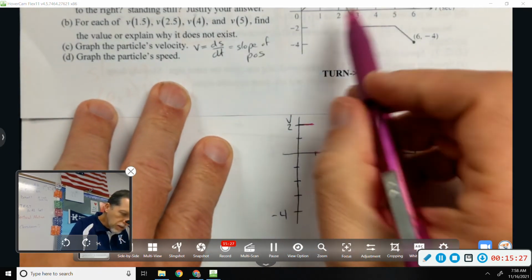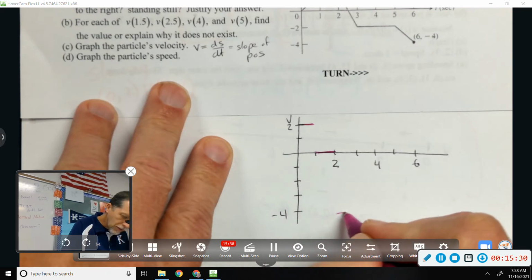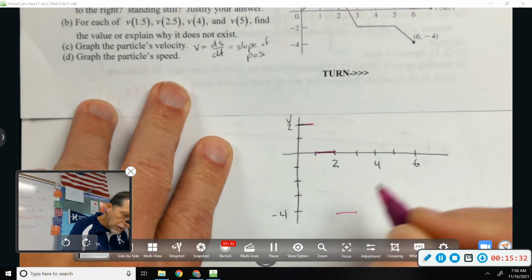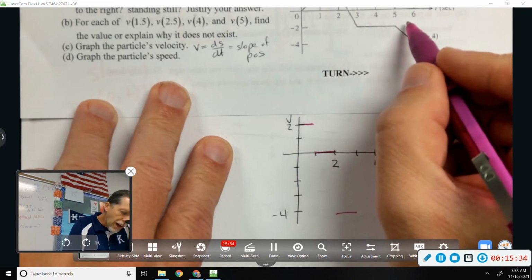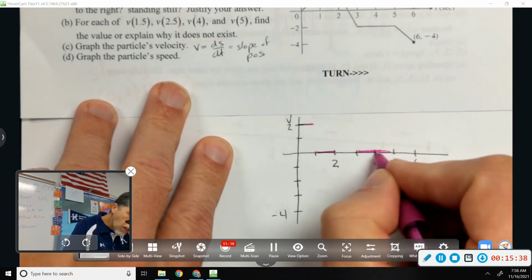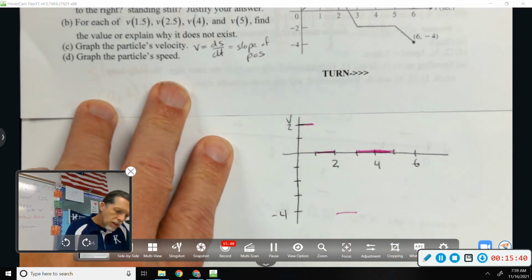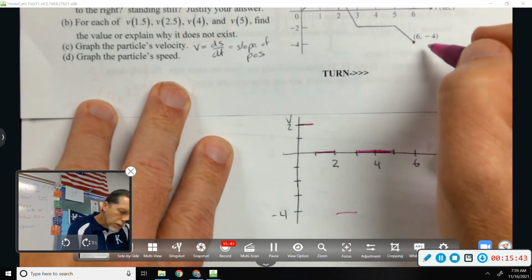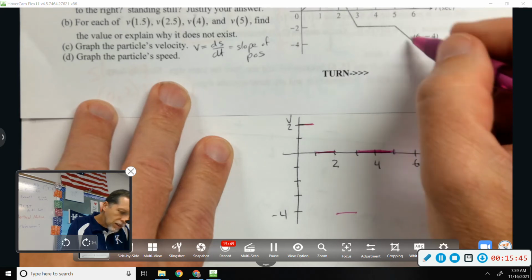From 2 to 3, the slope is negative 4. From 3 to 5, the slope is 0. And from 5 to 6, the slope is negative 2.